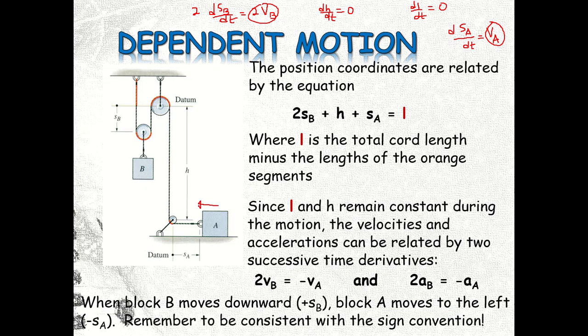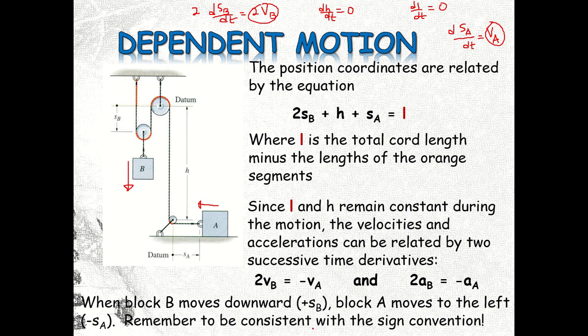The movement of block A is to the left, so that is negative for A. The position becomes negative because it goes to the left. So that's our sign convention, class.